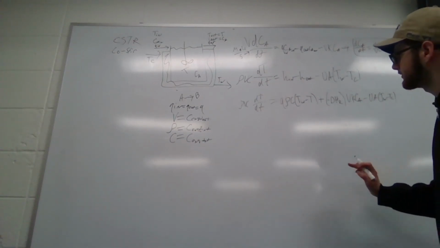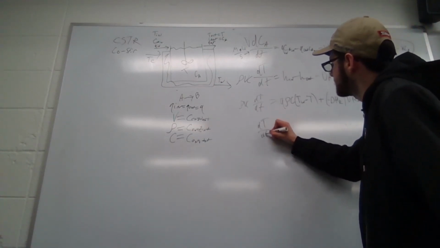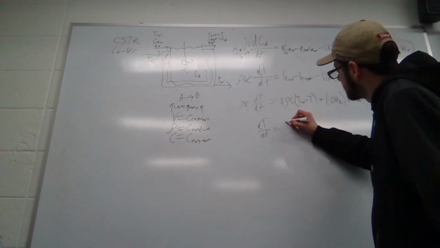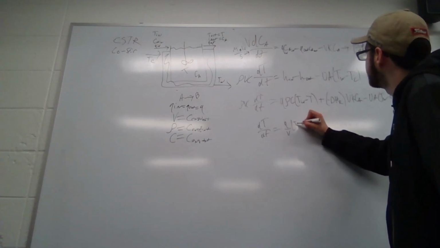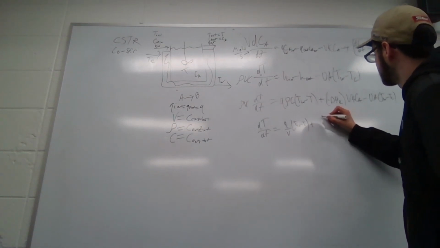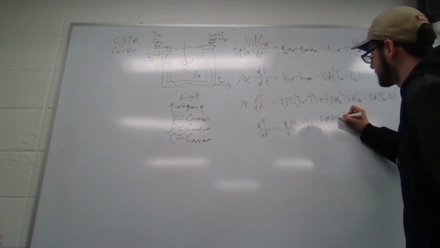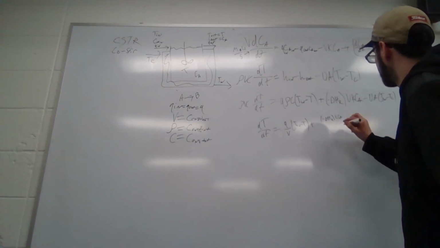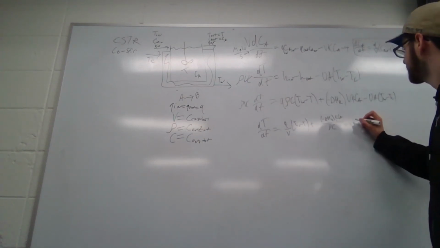And I guess the last thing left to do is divide everything by rho V C to get dT over dt is equal to Q over V, T in minus T, plus negative delta HR K CA over rho times the heat capacity, or density heat capacity.